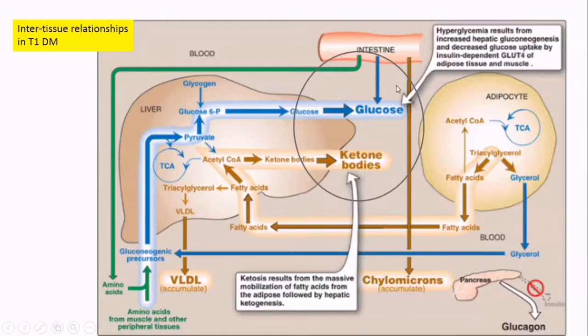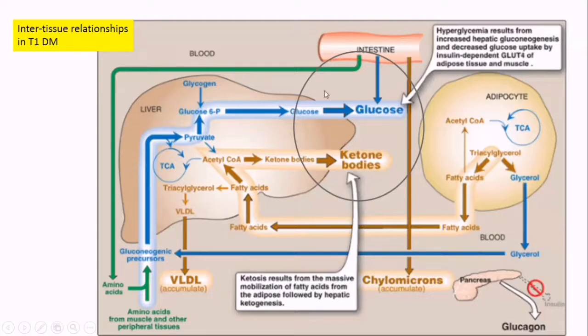So the glucose in the blood remains as it is, without decrease in quantity. Hyperglycemia results from the increased hepatic gluconeogenesis and decreased glucose uptake by the insulin-dependent GLUT4 of the adipose tissue and the muscle.